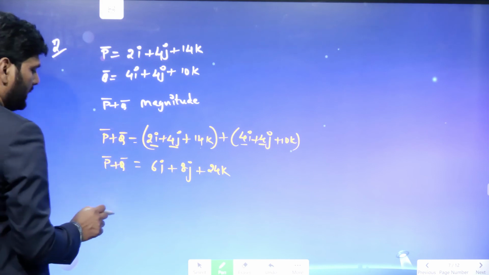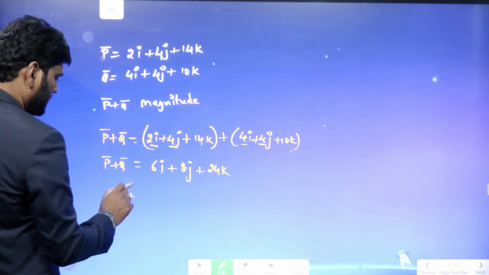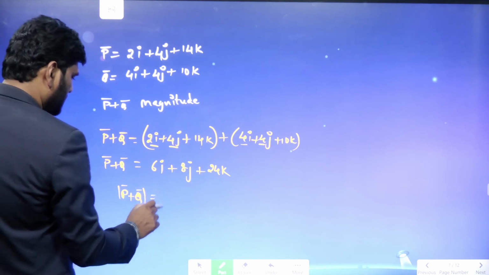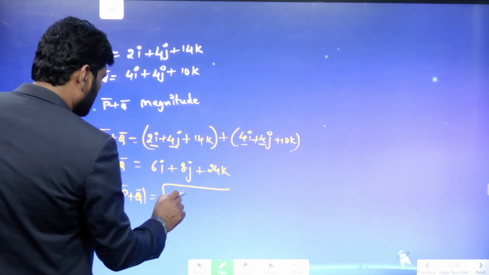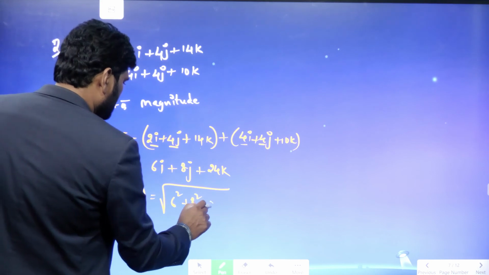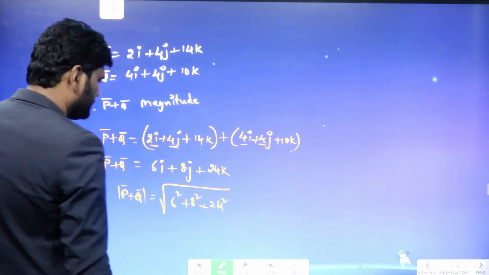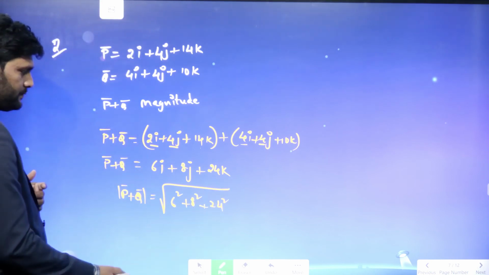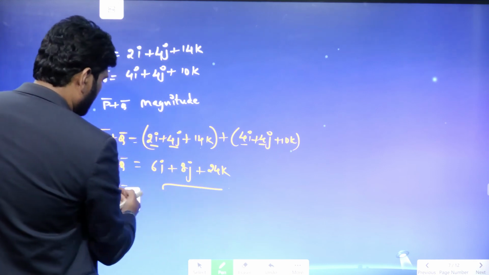But how do you find the magnitude? The magnitude of P bar plus Q bar is under root of 6 square plus 8 square plus 24 square. Let me write the formula here.